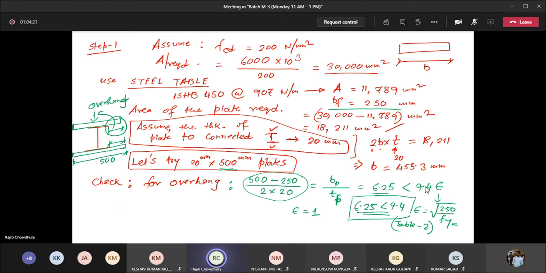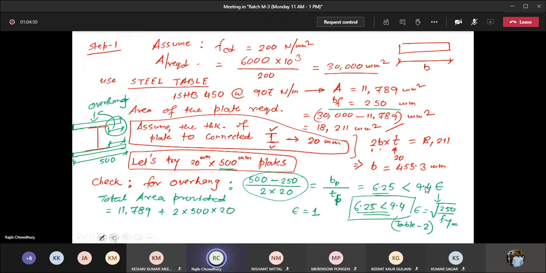So after doing all this cross check, the total area provided is equal to 11789, this is from ISHB, plus 2 times 500 times 20.